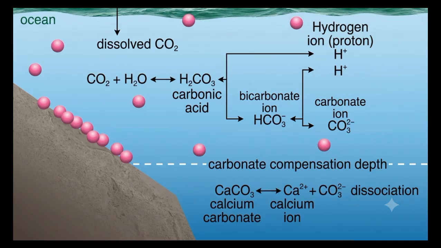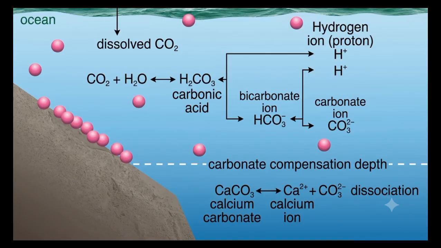Carbon dioxide reacts with water, giving rise to carbonic acid, and this carbonic acid dissociates into H plus ion and bicarbonate ion. Then even the bicarbonate ion dissociates into H plus ion and carbonate ion, CO3 2 minus. So when CO2 is absorbed in the photic zone, the reaction will be less.